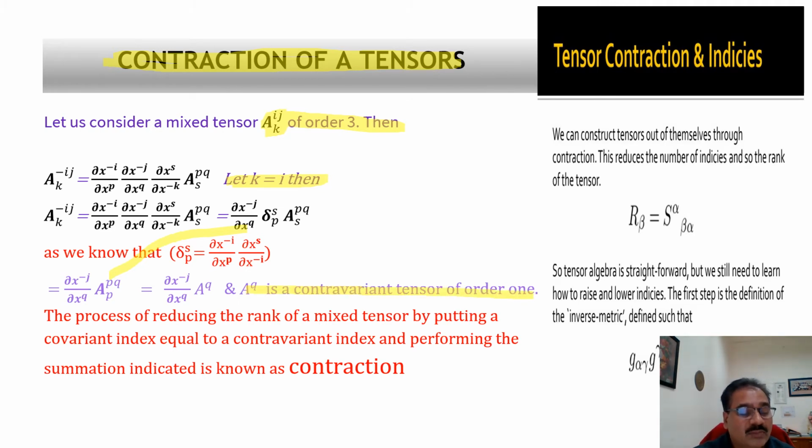It means the process, just to remind, the process of reducing the rank of a mixed tensor by putting a covariant index equal to a contravariant index. Just look here, we did this, by putting a contravariant index equal to a covariant index like this.